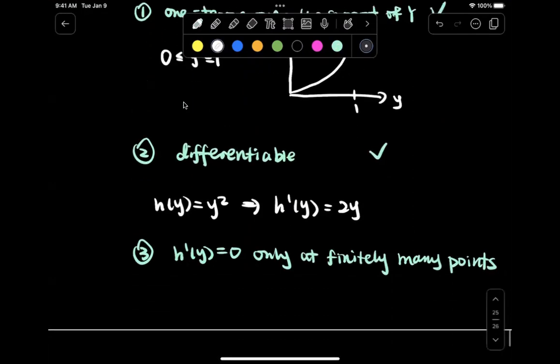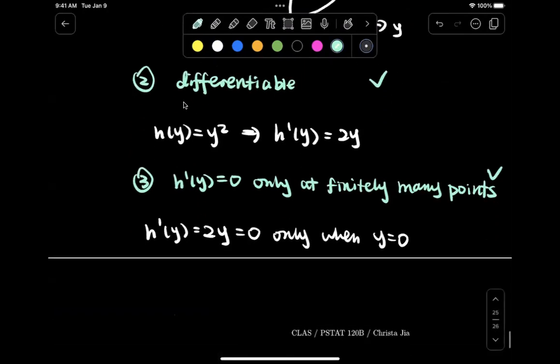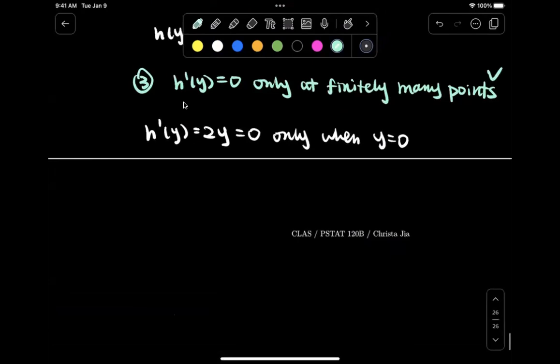And let's see if this is true or not. h prime of y is equal to 2 times y, which is 0 only when y is 0. So I would say yes, this condition is satisfied as well. So we can go ahead and use the PDF formula to find the transformation.